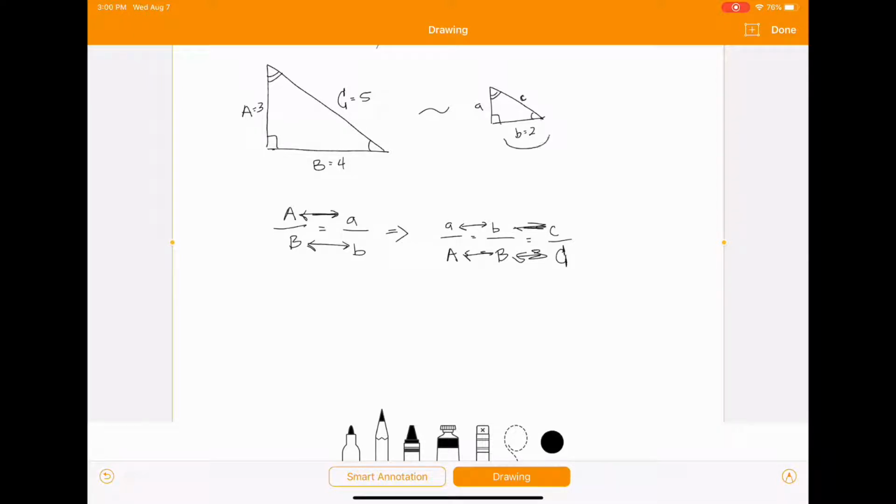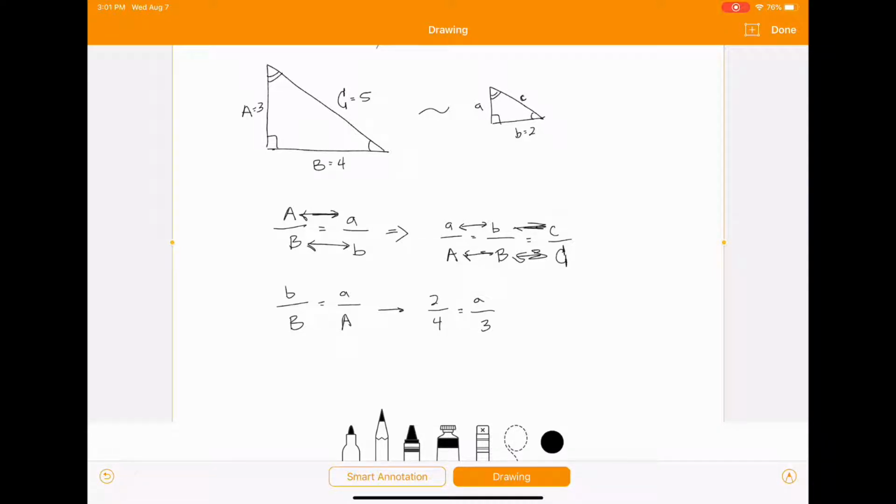So the only thing we know in our smaller triangle is b. So we're going to have to use b on one side of our proportion. So we'll do little b over big B is equal to, we want to find side a first, so little a over big A. So that's going to be equal to 2 over 4 is equal to little a over 3.